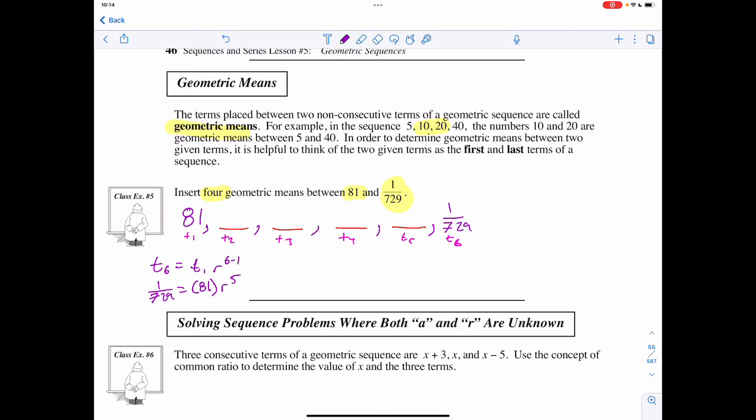Now, how would we actually solve for r? In order to isolate r, I would divide both sides by term 1.